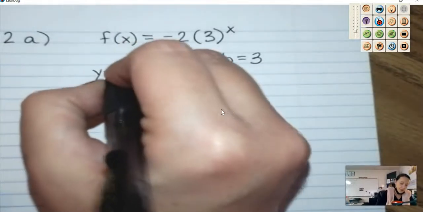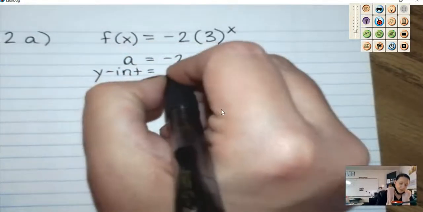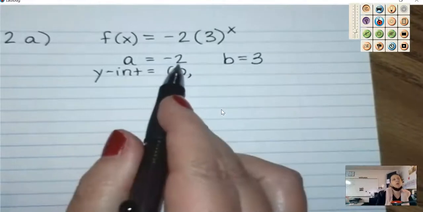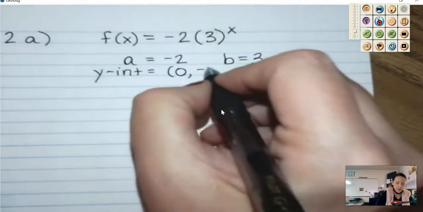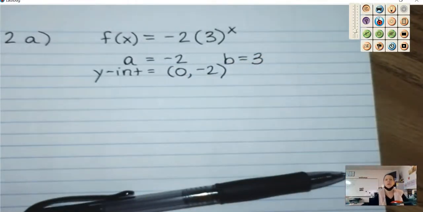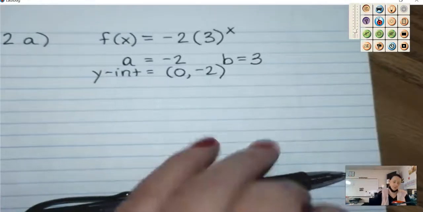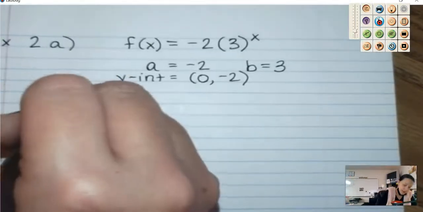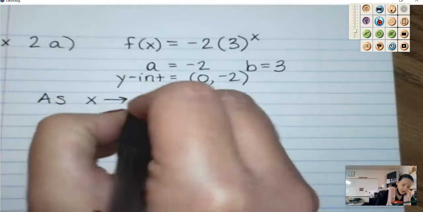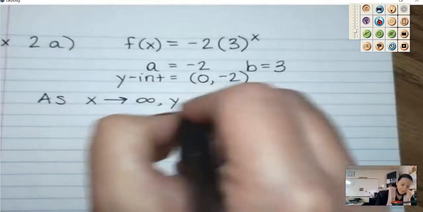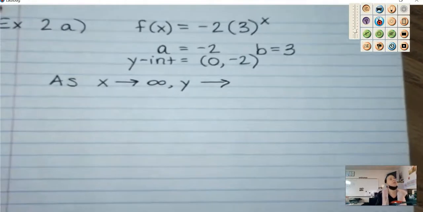The y-intercept is always 0, whatever a is. 0, -2. So if you look at the graph, it should be heading at -2 on the y-axis, which it is right here. Okay, now the end behavior. As x approaches infinity, y approaches.